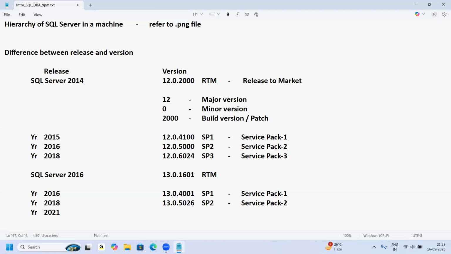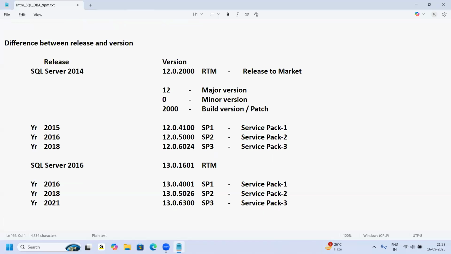And they made changes around 13.0.6300, that is SP3, Service Pack 3. That is the comparative information for you to understand how things are made available. That is the difference between release and version.